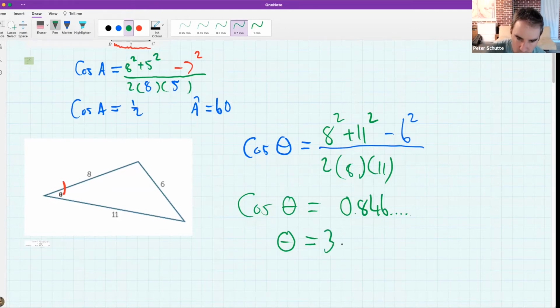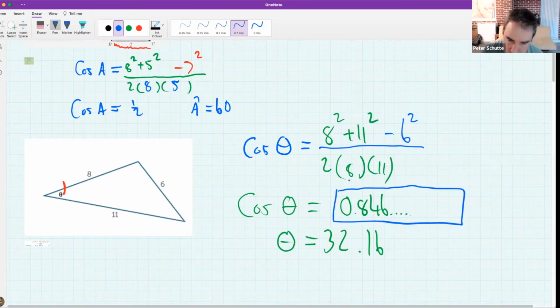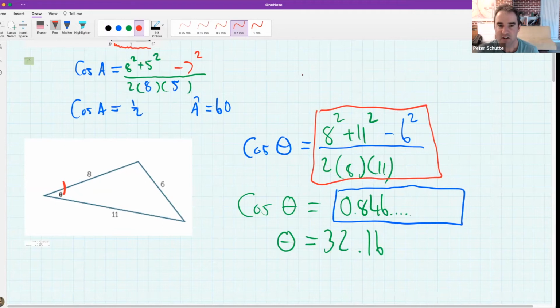32.16. The reason you guys have got the other answer is you've been rounding off this piece here. What I'm going to suggest is when you do the calculation over here and you press equals, that is stored in what we call the answer key on your calculator.